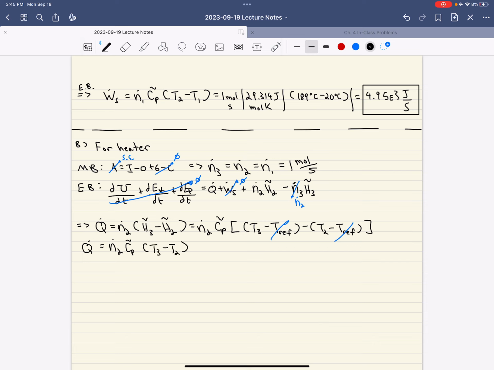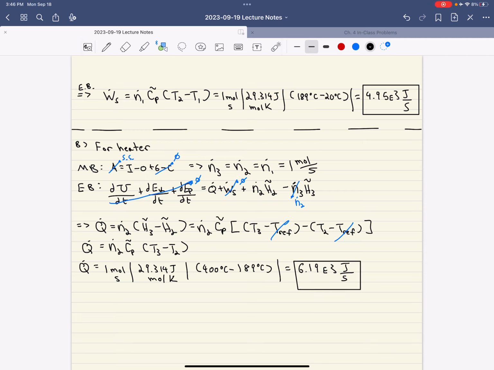On the right-hand side, we know everything, so that makes calculating Q dot fairly straightforward. For 400 minus 189, that means we need to put in about 6.19 times 10 to the 3 joules per second, or 6.19 kilowatts, into our heater in order to get the temperature up to 400 degrees Celsius.